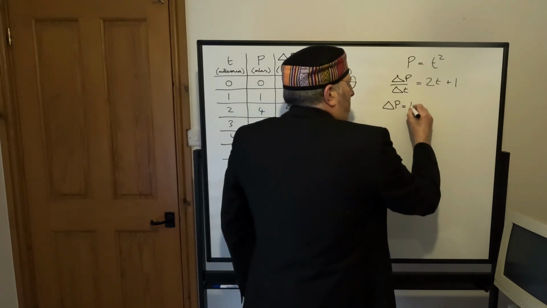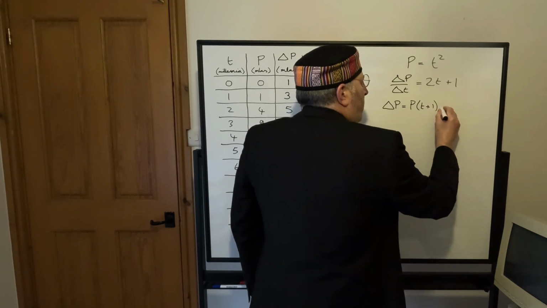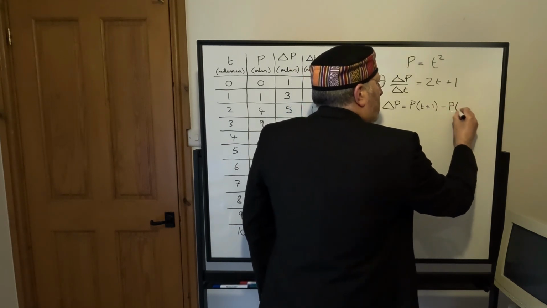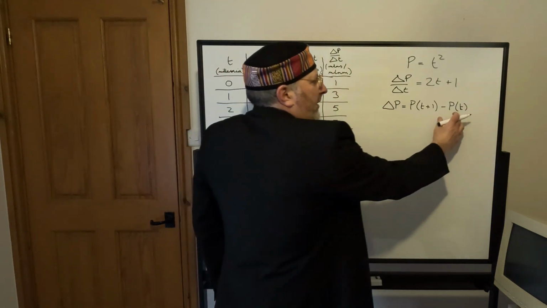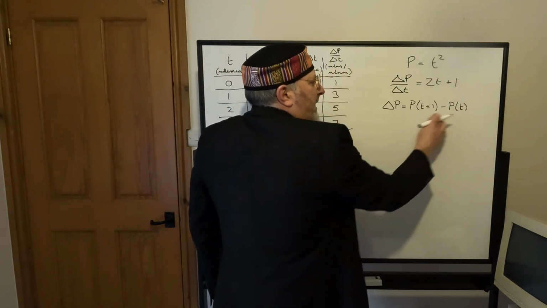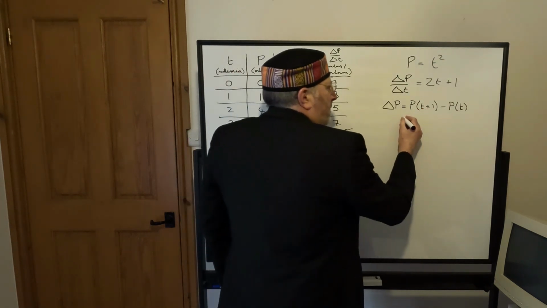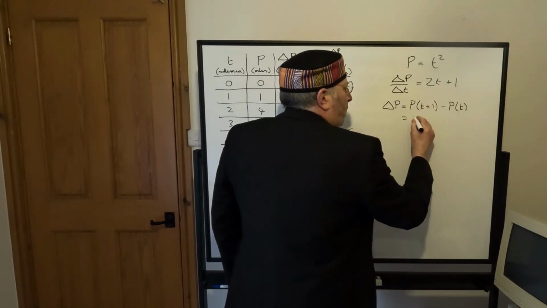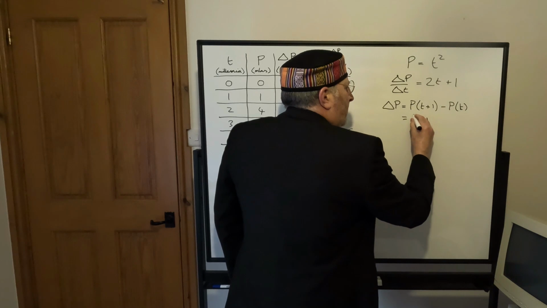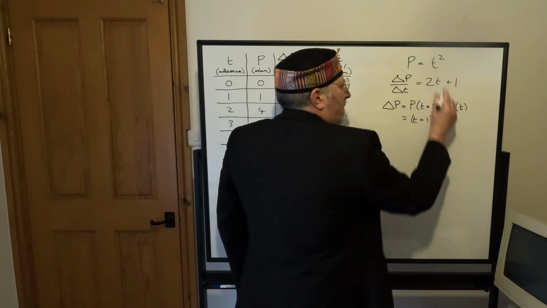It's going to be the population at time t plus 1 minus the population at time t. That's how much the population increases in one time step between t and the next time step, which is t plus 1. And using p equals t squared, the p of t plus 1 is going to be t plus 1 squared, minus the population at time t, which is t squared.